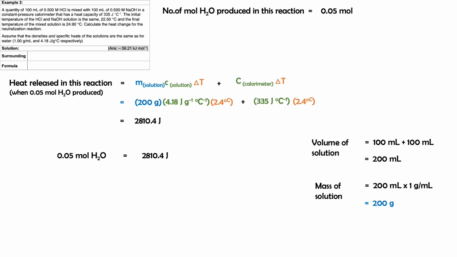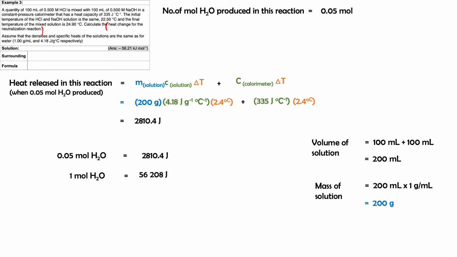We were asked to calculate the heat change for the neutralization reaction. So, when we get heat change for neutralization reaction, it is referring to the production of 1 mole of H2O. So we are going to get this one.